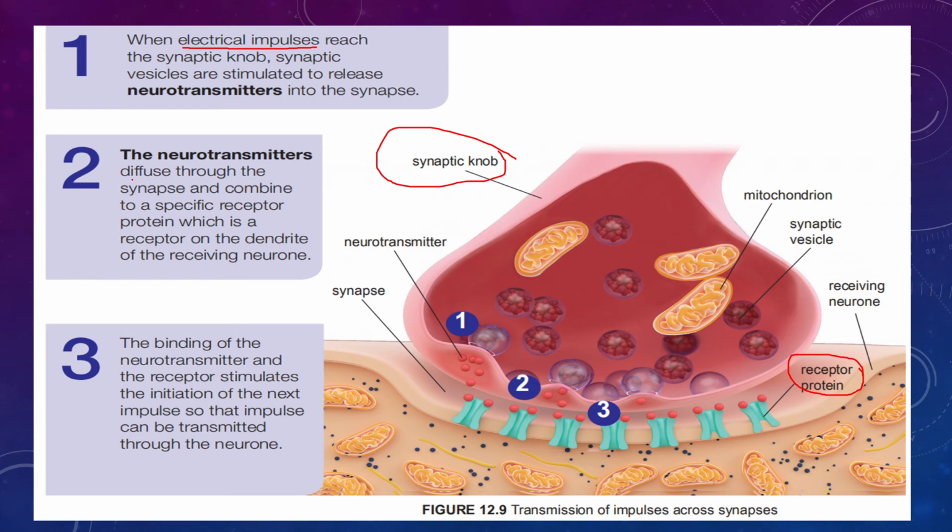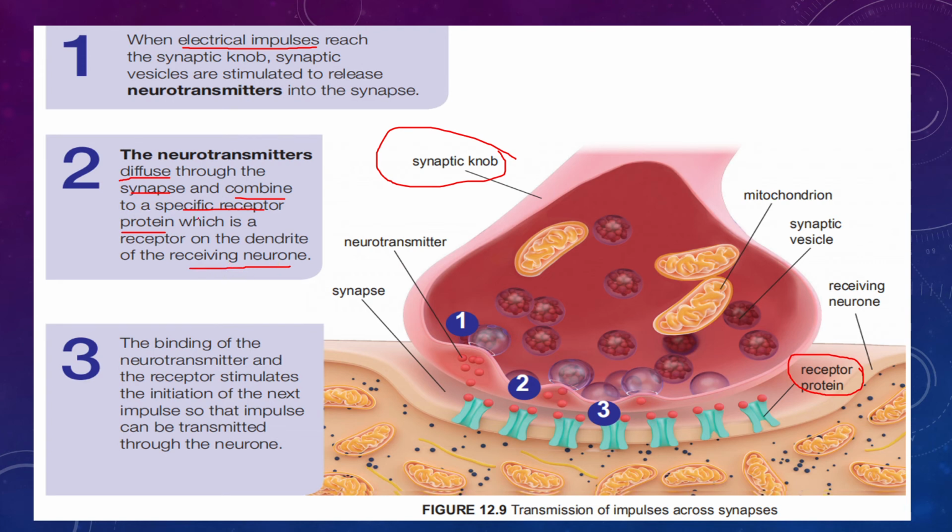So neurotransmitters, okay, next verb is that you use diffuse. Diffuse through the synapse. Okay, lepas tu, combine with the specific receptor protein. This is the receptor protein yang ada pada membrane of the adjacent, the receiving neuron. Okay, so the textbook used the term receiving neuron.